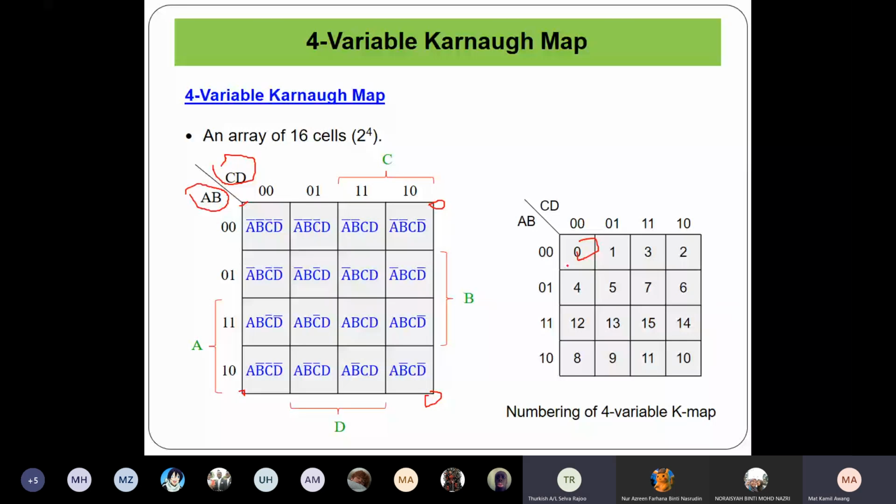So you refer to this box when you want to write the min term and also the max term. Yeah, actually you can combine also, right, sir? It's just another way of showing it. That's all. Alright, okay, sir.